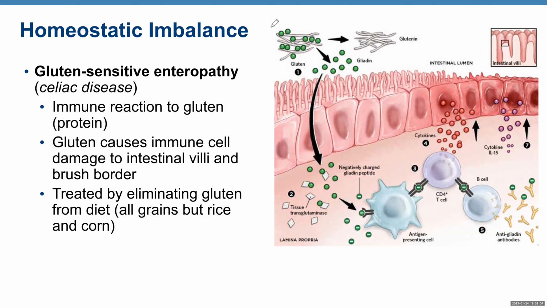So here's our food, right? And here's the gluten in the food, and that tells your immune system, right? So here are your white blood cells, right? They start making different chemicals, cytokines, and antibodies that will attack your own intestinal lining, and you have inflammation, right?